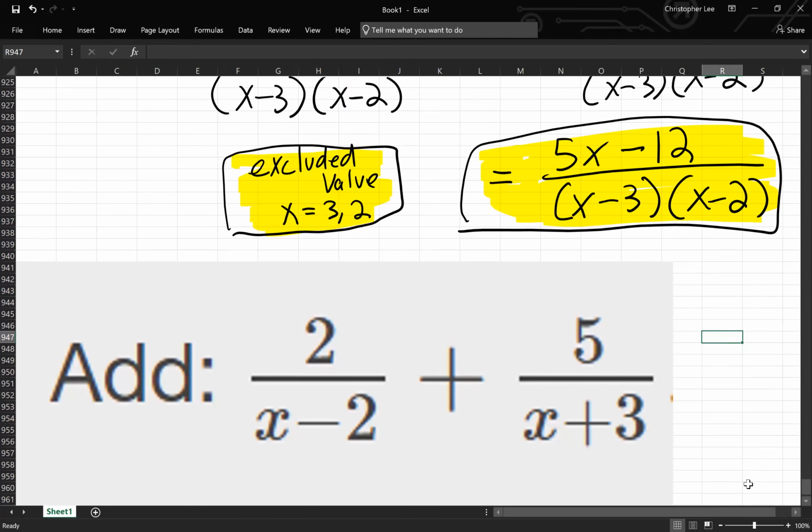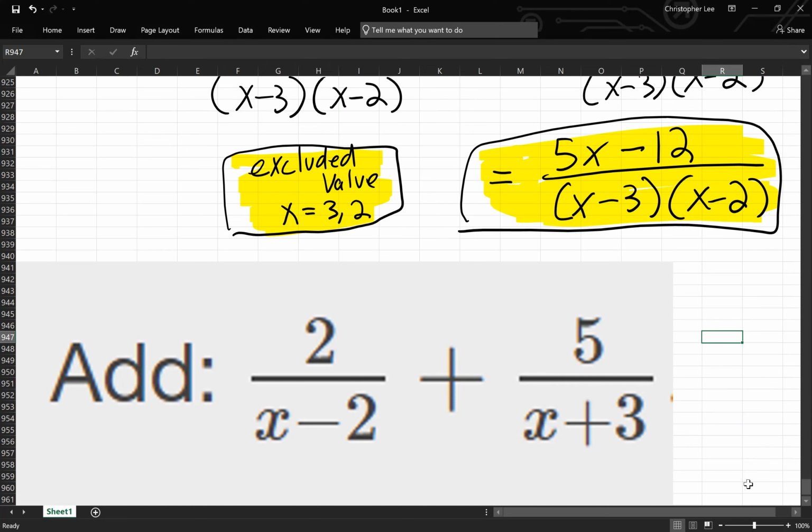I will be honest with you about something. This is true when it's numbers as well, right? Sometimes it might be really hard to find the LCD. Another method that does work that you could use is you could find a CD instead, just a regular common denominator.